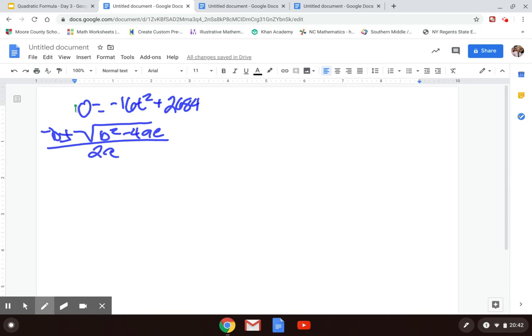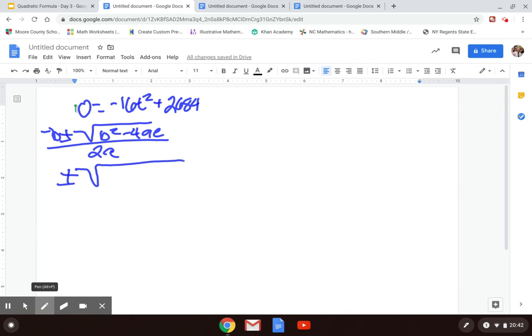All right, so negative b, I don't need this time because I don't have a b value. So in this case, since the negative b is 0, we'll just not include it because that'll make our math a little bit easier. So whenever you don't have a b term, you can just not include it like I did there. But I still need to include the plus or minus.